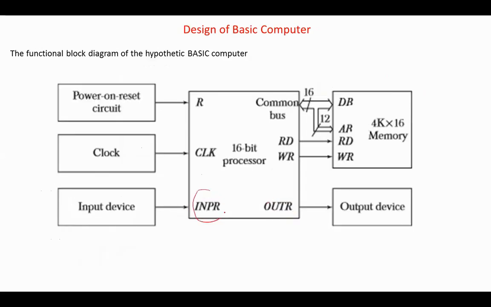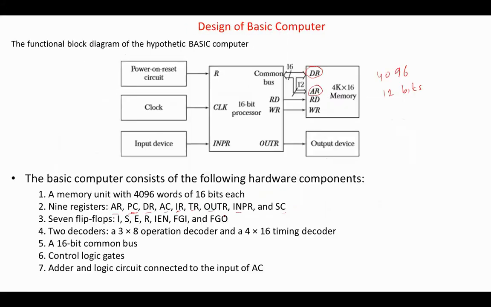The size of input register and output register are 8 bits each, so we can input or output one character at a time. The registers and their hardware implementation were presented in chapter 2.